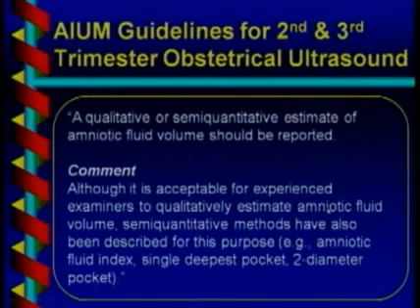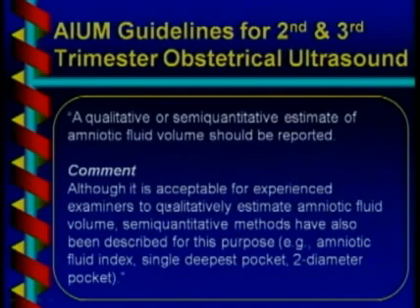According to the guidelines of the American Institute of Ultrasound in Medicine for second and third trimester obstetrical ultrasound, and similarly for the American College of Radiology or American College of Obstetrics and Gynecology guidelines, they state that a qualitative or semi-quantitative estimate of amniotic fluid volume should be reported.